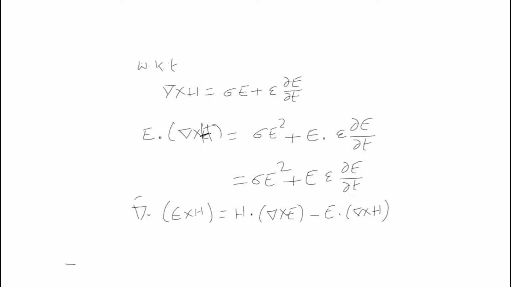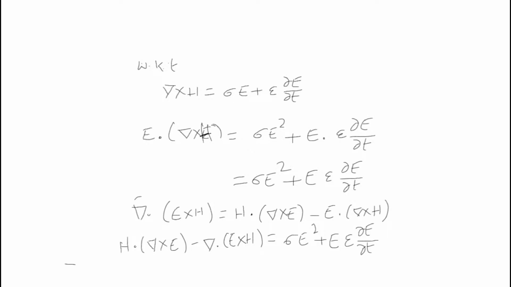E dot del cross H is equal to H dot del cross E minus del dot E cross H. And E dot del cross H is equivalent to sigma E square plus E into epsilon dou E by dou t.